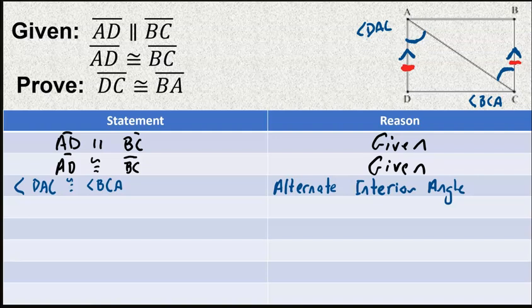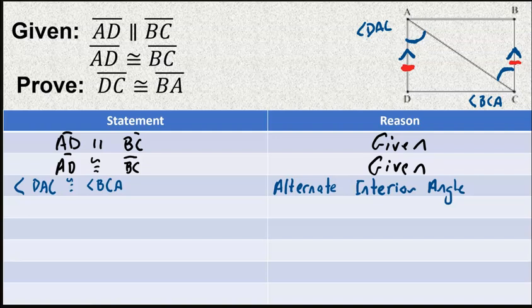Because AD and BC are parallel, that does not mean that they are also congruent by default. So you cannot make those assumptions. Those 2 separate statements need to be stated explicitly.